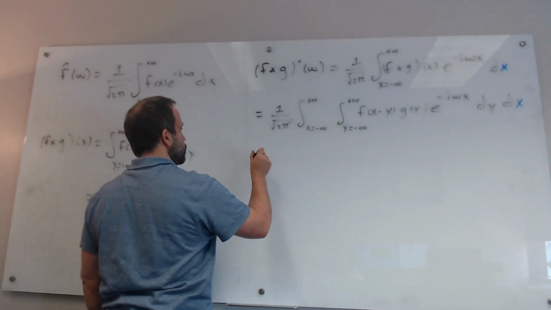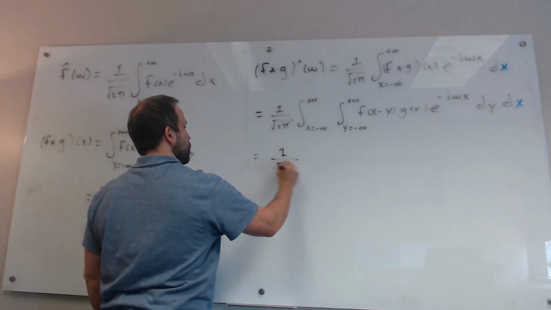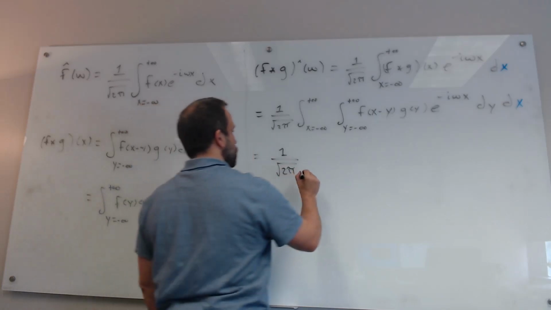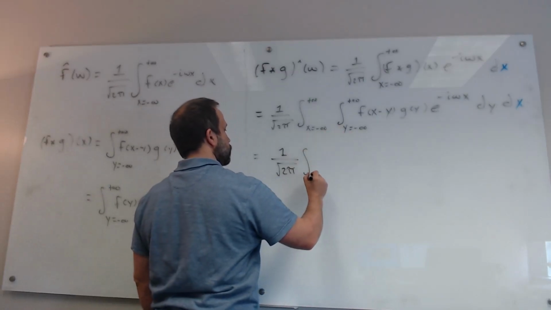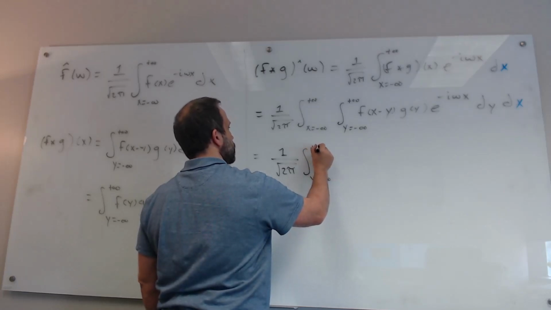Okay, so now I'm going to switch the order of integration, and this is 1 over the square root of 2 pi. I'm going to put the y integral on the outside, so this is y equals minus infinity to positive infinity.